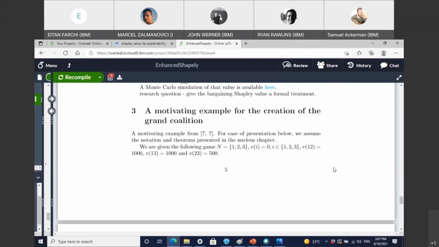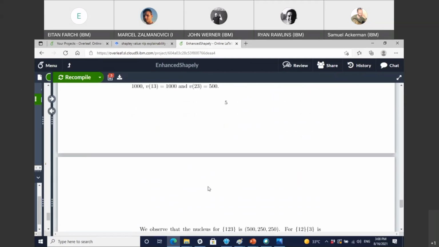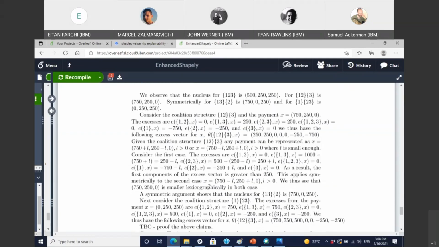So the coalition 1, 2, and 3 can make no more than the 1,000 of coalitions 1, 3 and 1, 2. So we'll set it to 1,000. It can't be more than that. Okay, so that's the definition of the game.